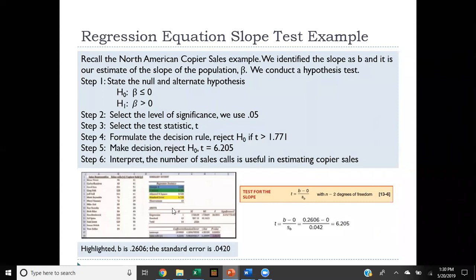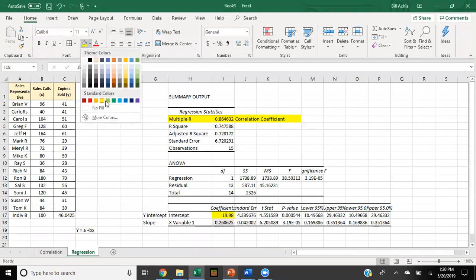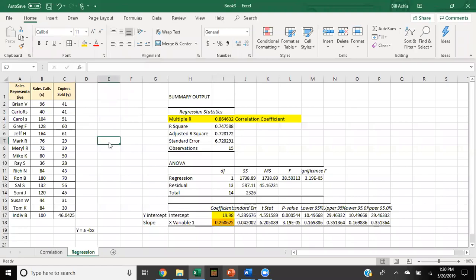And that information, let's get it over here. So your beta is found on the spreadsheet right here. And I can use this, and for standard deviation, you don't have to go far.